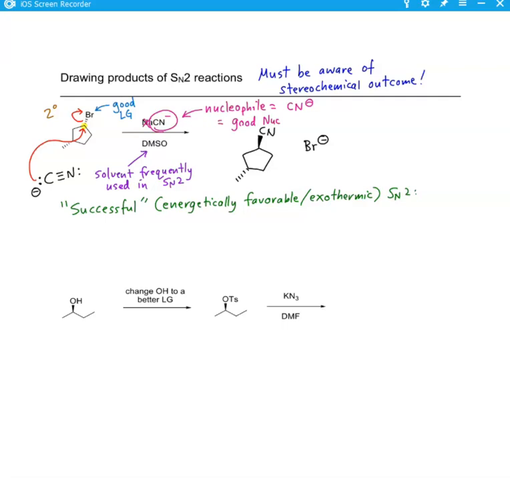So this is a successful SN2 reaction because something that was more strongly basic replaced something that was more weakly basic.